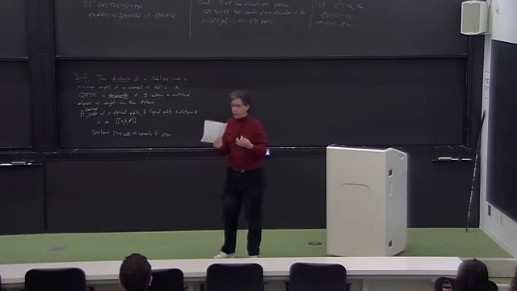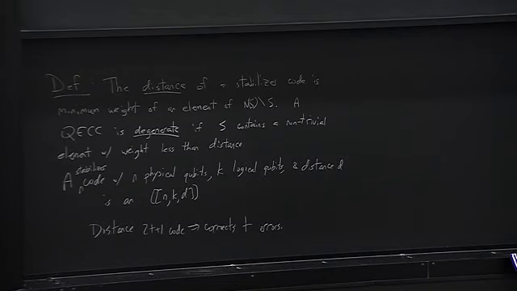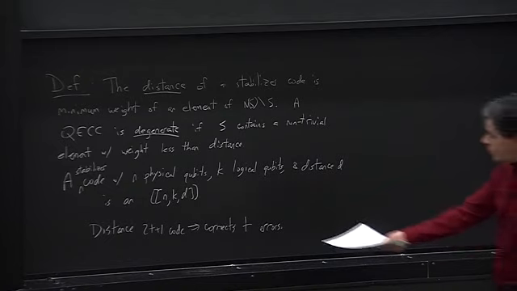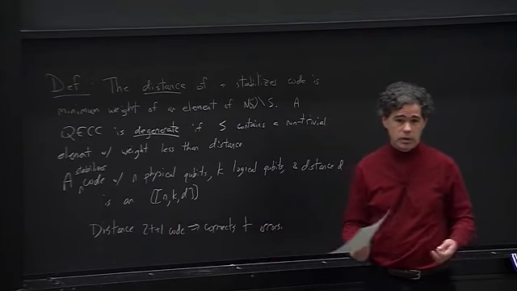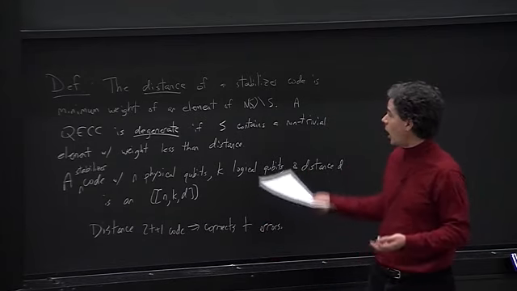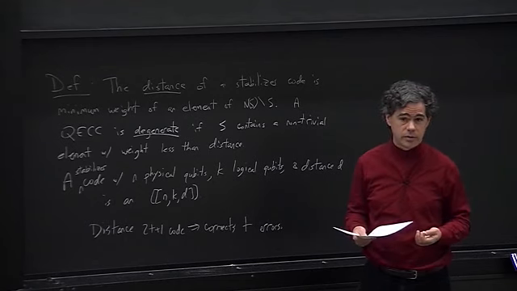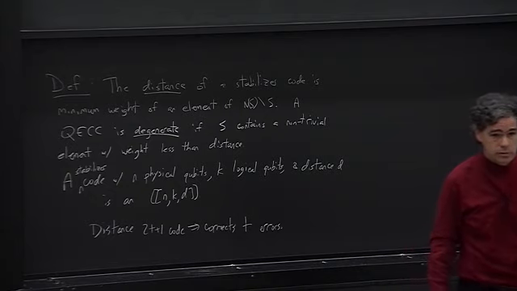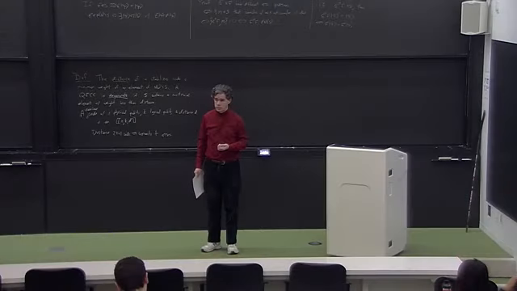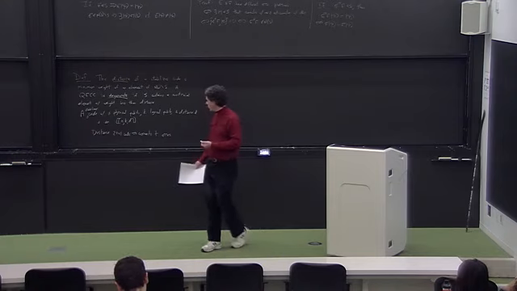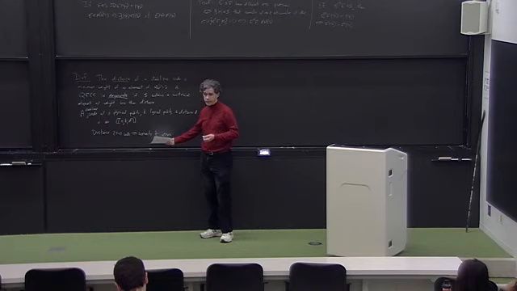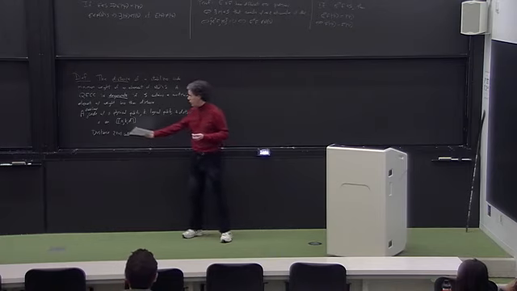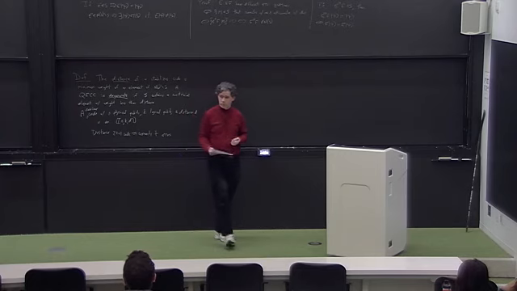Well, then if you take the product of two of them, the product of two of them has weight up to 2t. But if the distance is 2t plus 1, then something of weight 2t cannot be in N(S) minus S. And therefore, that theorem up there holds. And we can correct that set of errors. OK? So in particular, if you want a code that corrects all single qubit errors, then you need a distance 3 code.